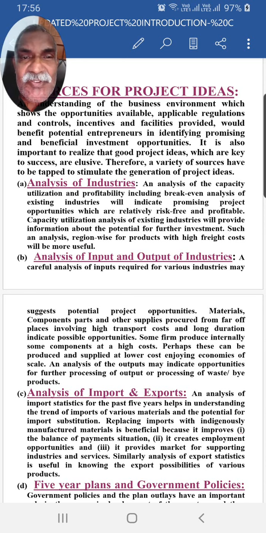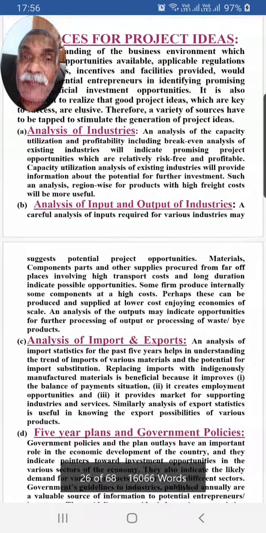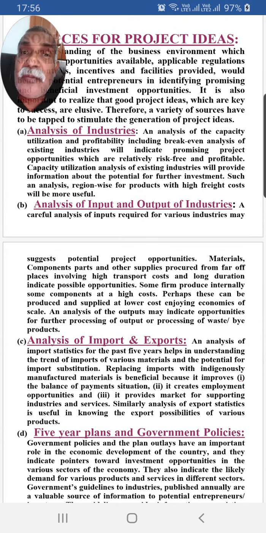Some firms produce internally some component at high cost. Perhaps this can be produced and supplied at lower cost, enjoying economies of scale. An analysis of output may indicate opportunities for further processing of output or processing of waste byproducts.